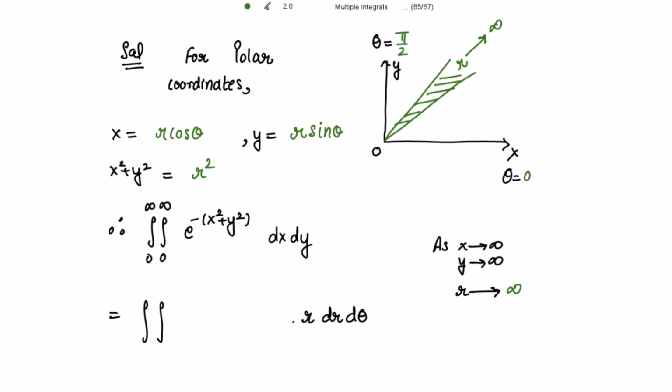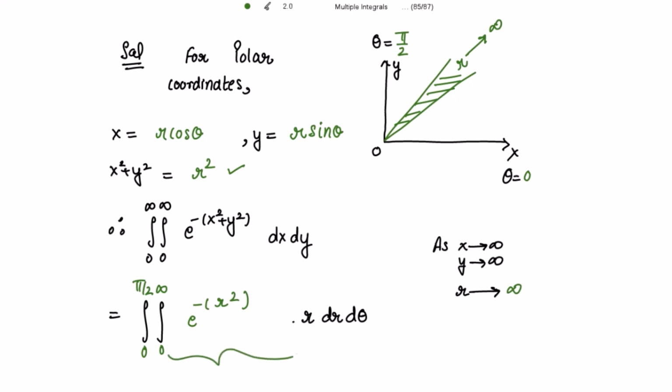The limits for r are from 0 to infinity, and for theta from 0 to pi by 2. And e to the power negative of x square plus y square, as calculated, is r square. Right? So now solve this integral.